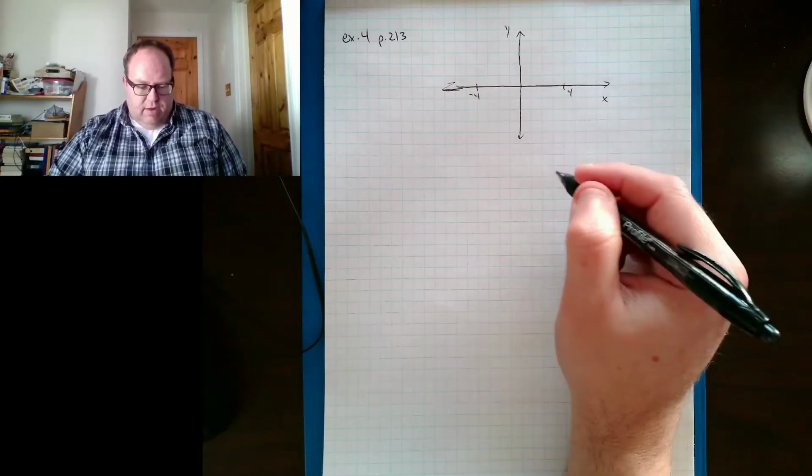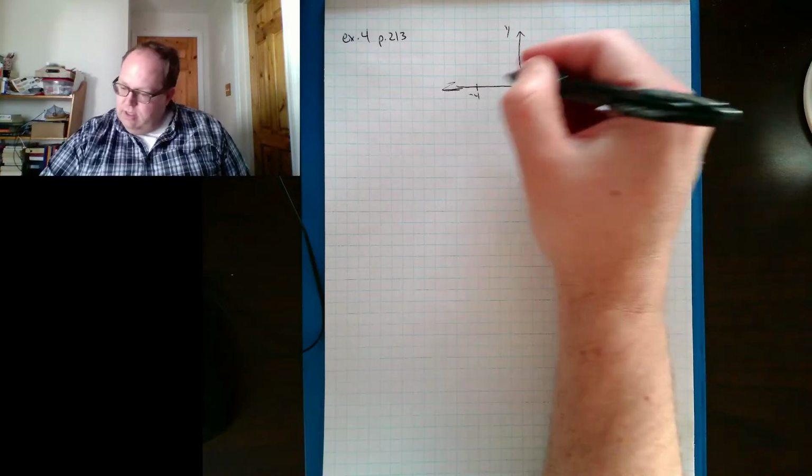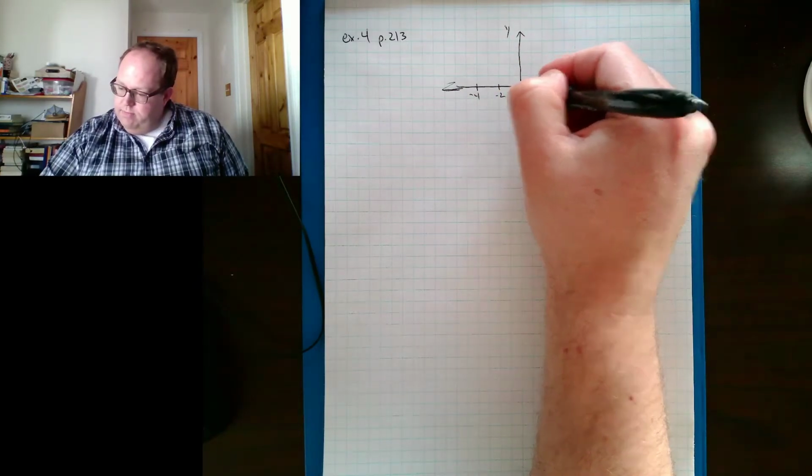What we're being asked, our y values don't turn out to be too horribly important for this, but our graph looks something like this. 2, 1.